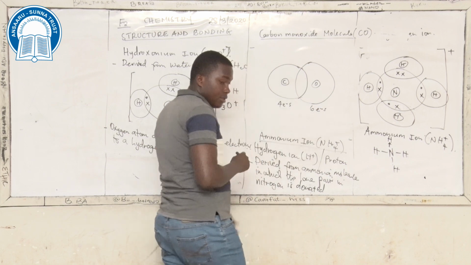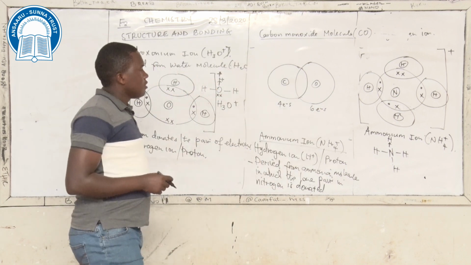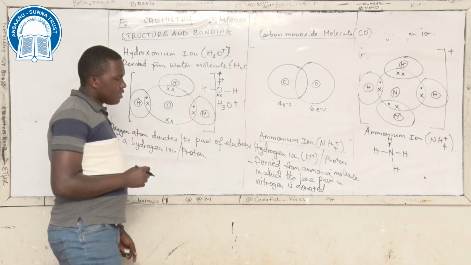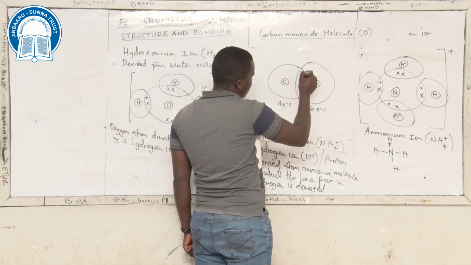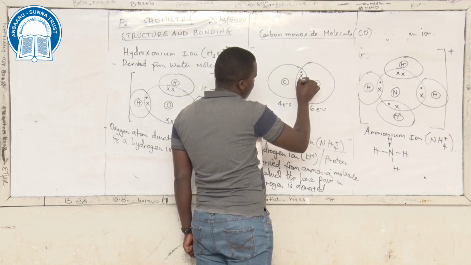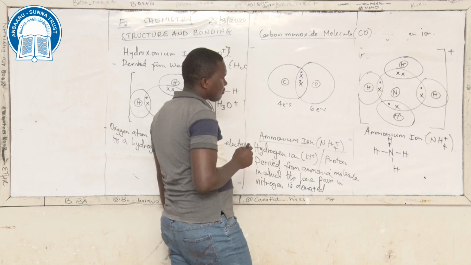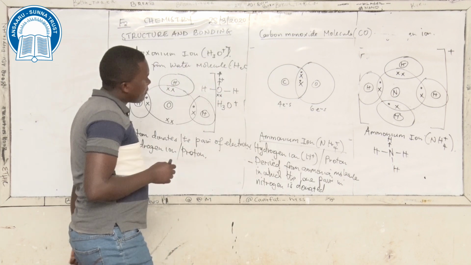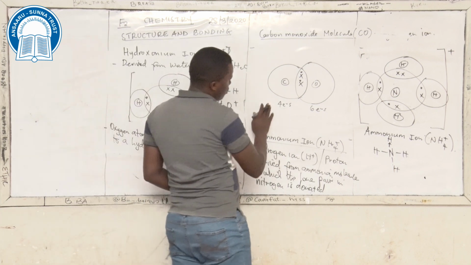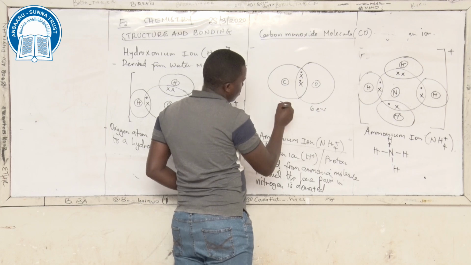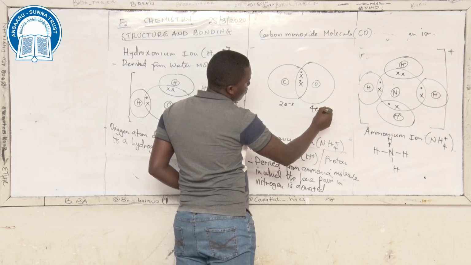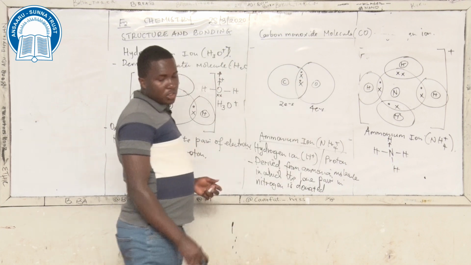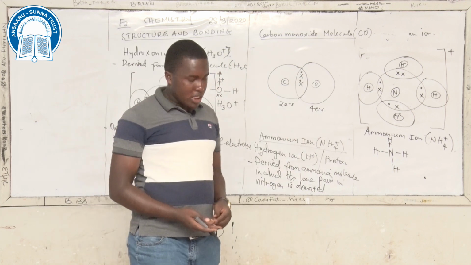So they will start bonding covalently, where carbon donates 1, oxygen brings 1. Carbon brings the other one, oxygen brings the other one. Then it means carbon will remain with 2, and oxygen will remain with 4, because both have donated 2 electrons for bonding.